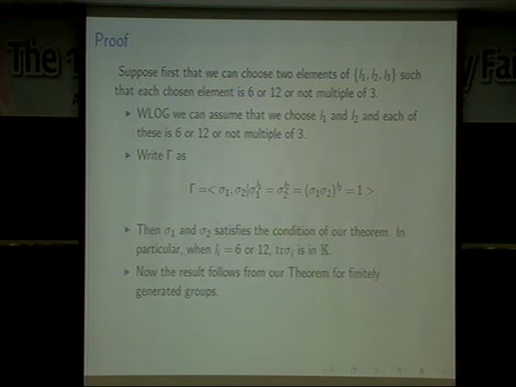In particular, when L1 or L2 is 6 or 12, the trace of sigma i is in K, because finite order elements in SL3R have a certain form up to conjugation. It is written down as a block of rotation matrices and identity matrices.